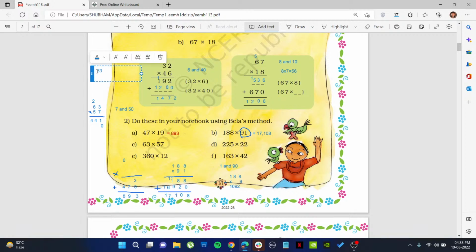So 63 times 5 gives us, 3 times 5 gives us 15. 1 will be regrouped to the next column, which is 6. 5 times 6 gives us 30, and we're adding 1. So we get 31. So our answer is 315, wait, 3150. Let's write down here.